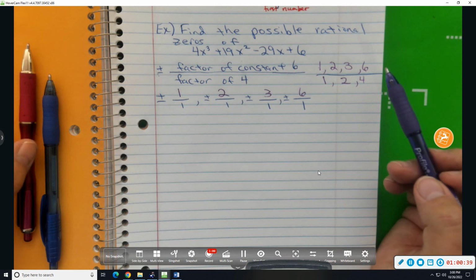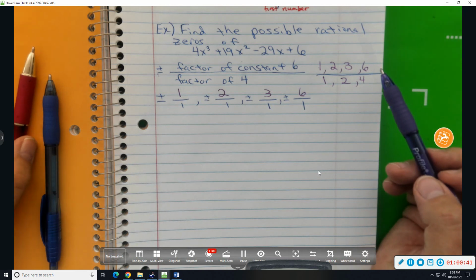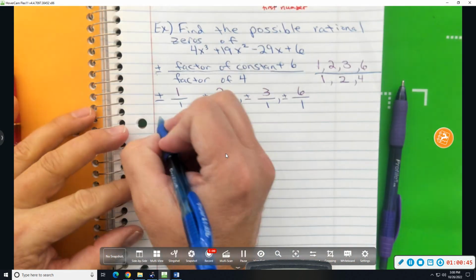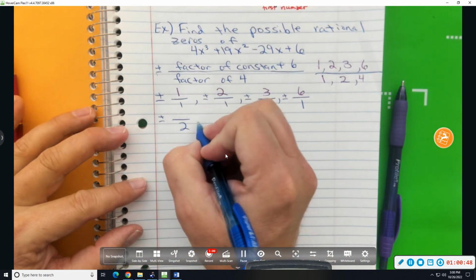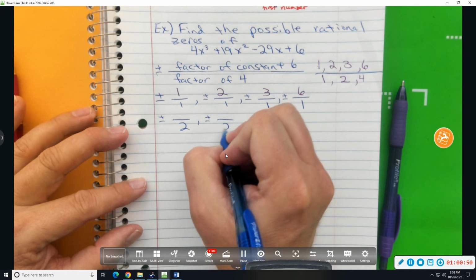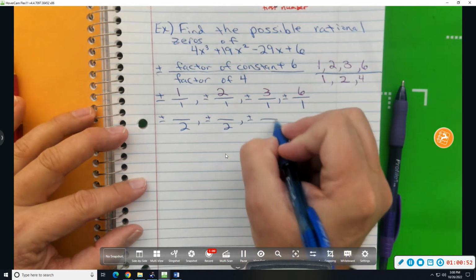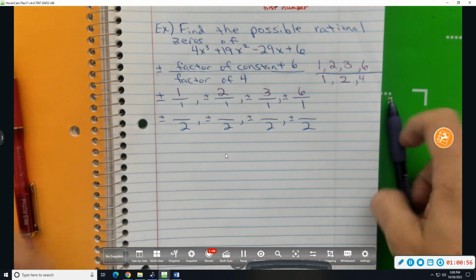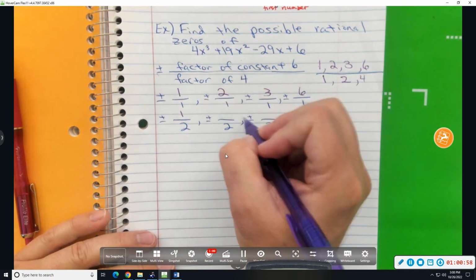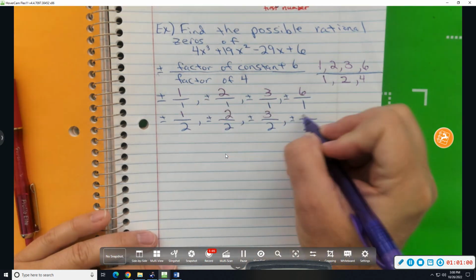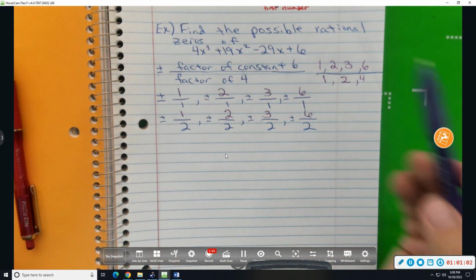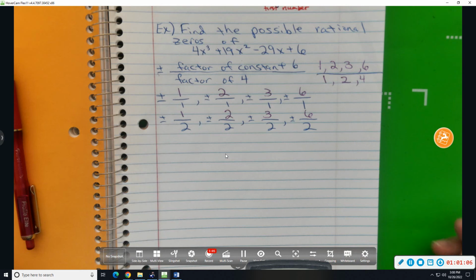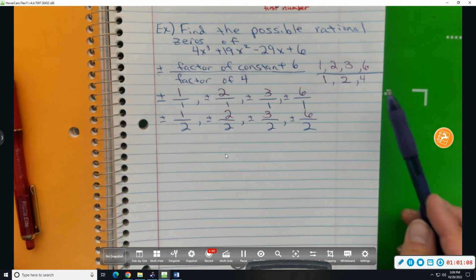Then we take the 1, 2, 3, 6. What do we have to put them over? 2. Okay, so now we're going to put them all over 2: 1, 2, 3, 6. Now we have to take all those 4 numbers on top, 1, 2, 3, 6, and put them over 4.